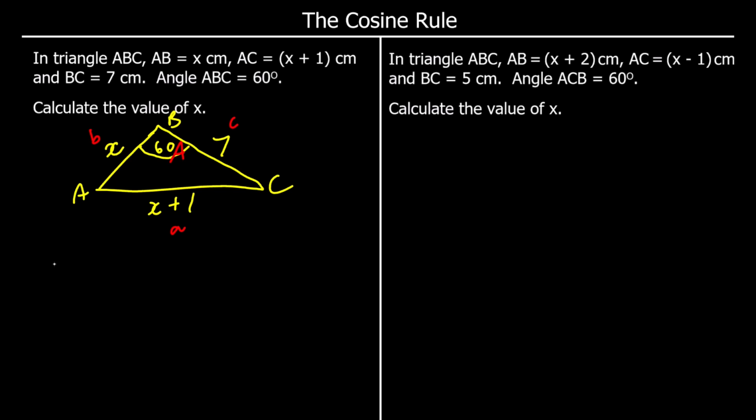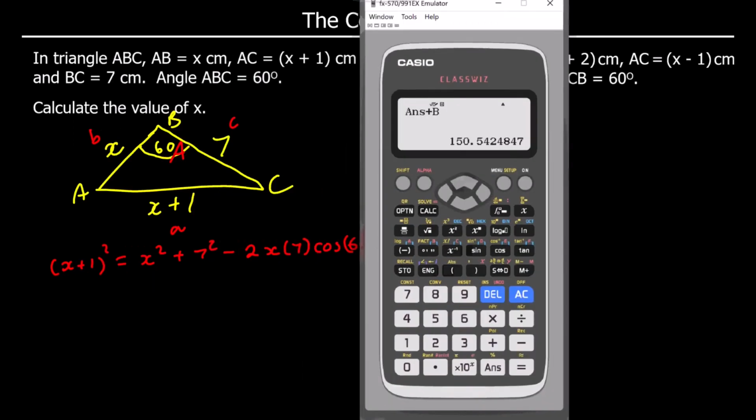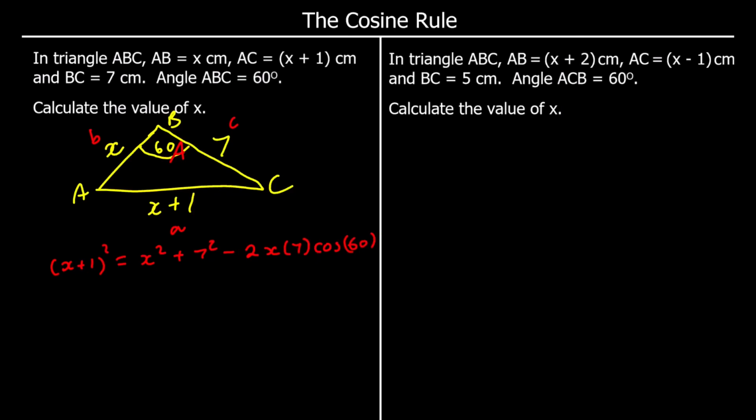So A squared, X plus 1 squared equals B squared plus C squared minus 2BC cos A. And then we'll just simplify this as much as we can. So we know X plus 1 squared, we can expand the brackets.